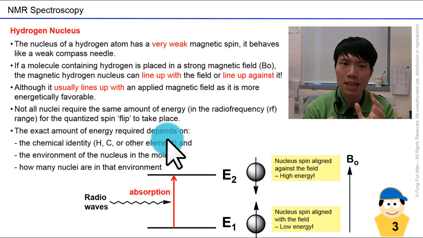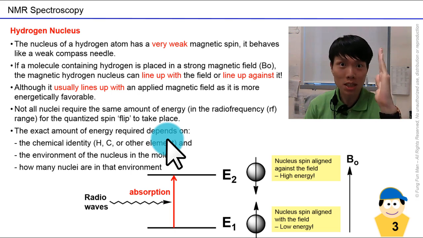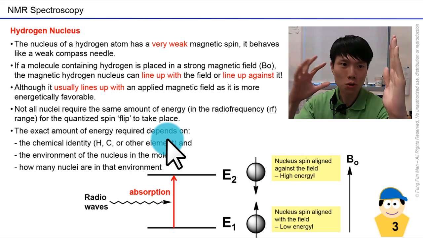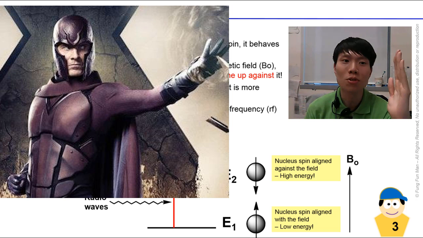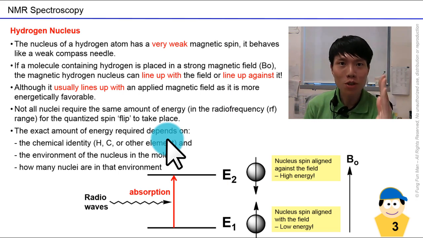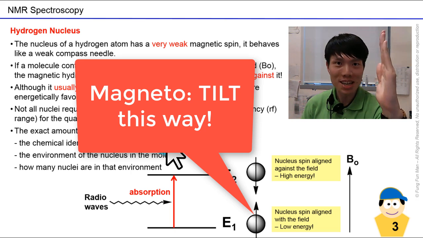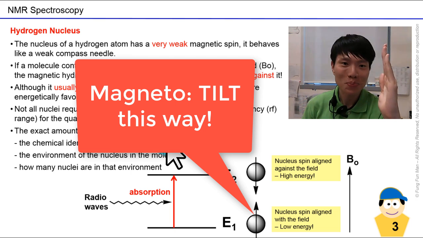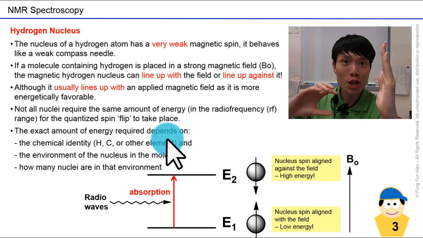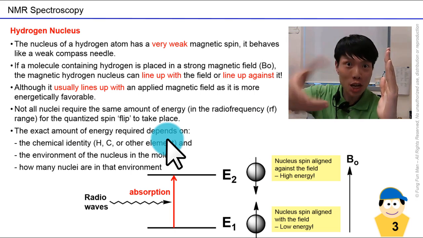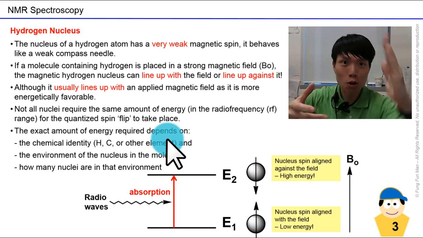Now, if a molecule that contains hydrogen is placed in a strong external magnetic field, imagine a magnet around you, then the magnetic hydrogen nucleus would line up with the field, because that field is very strong. It says, okay, turn this way, you line up. Or if I change the external magnetic field, the spin changes and you go down.